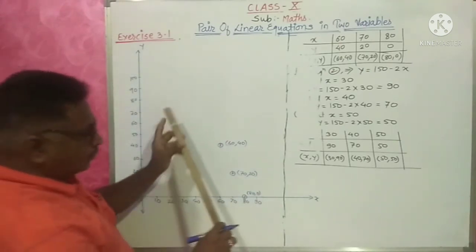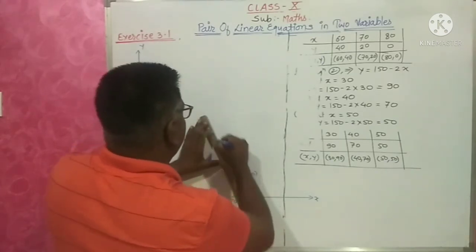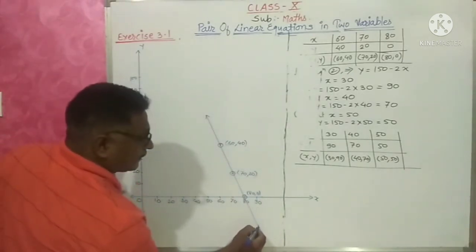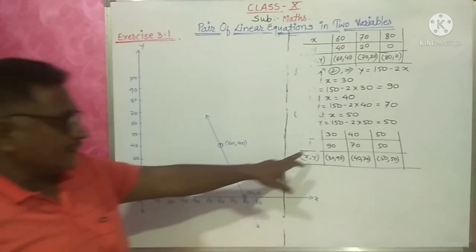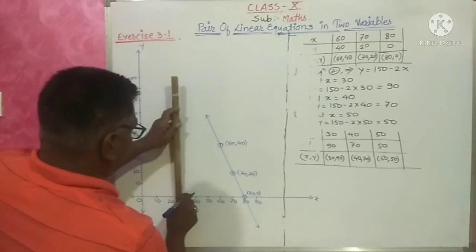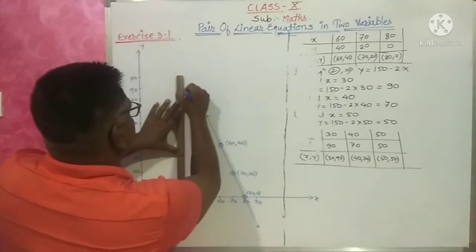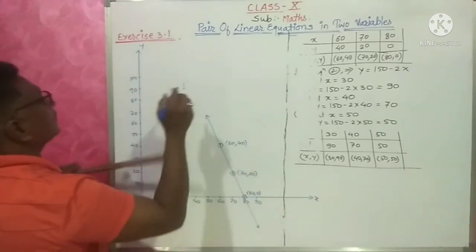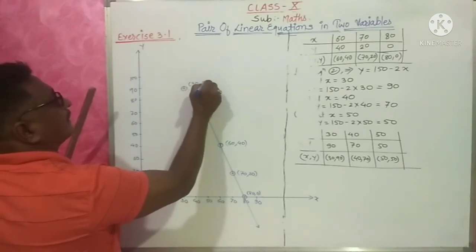Got it? Now we have to draw the line. In this way. So we have to write the equation on the line. Now second 30, 90. This 30, 90.